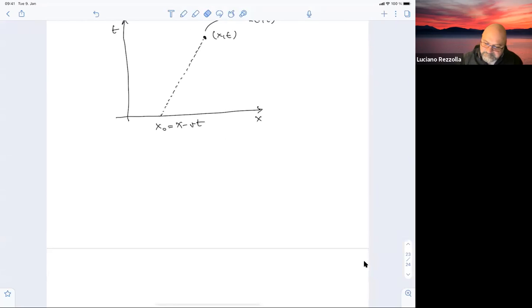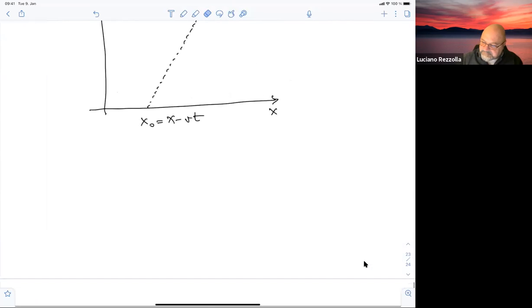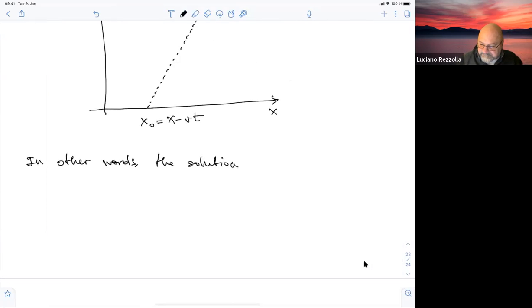In other words, let me write this differently. The solution is simply advected in space-time.